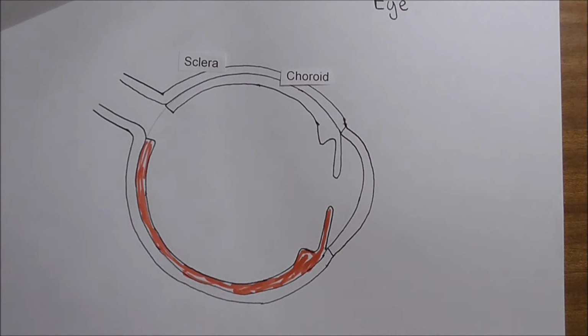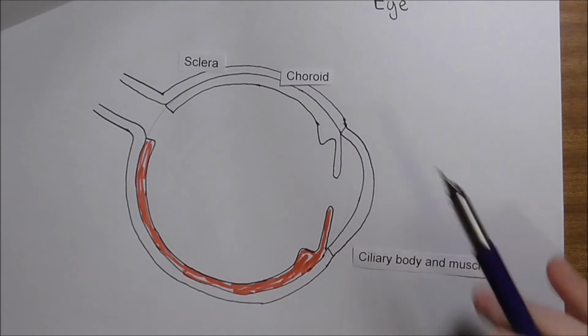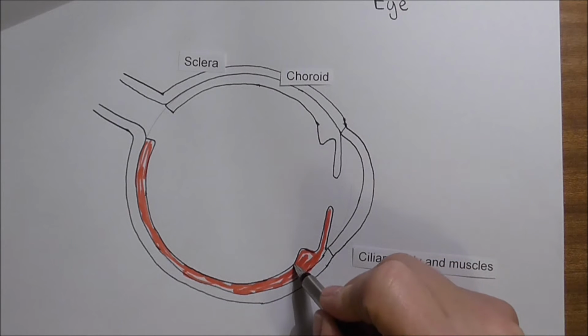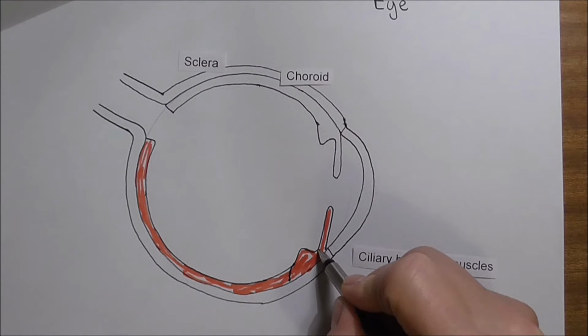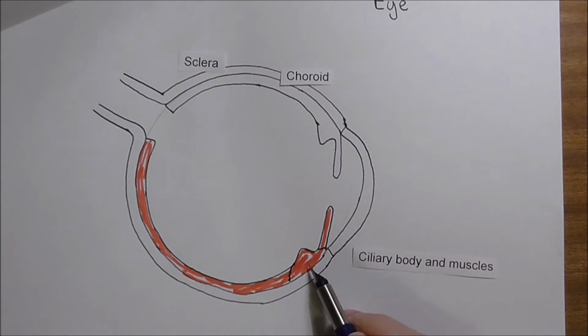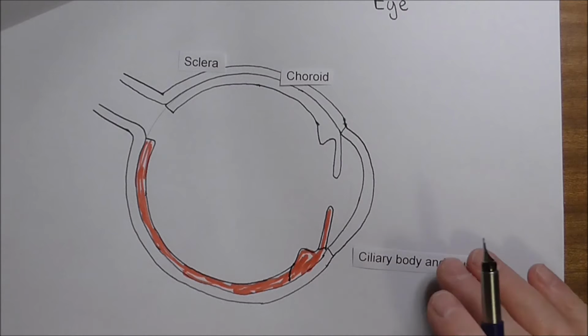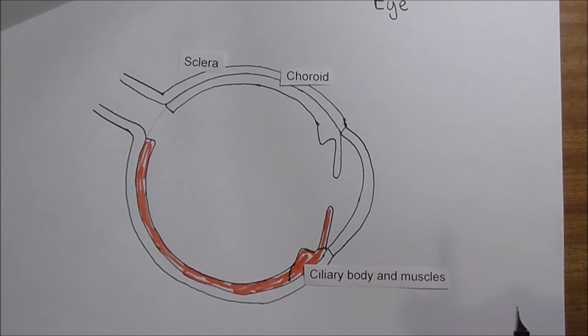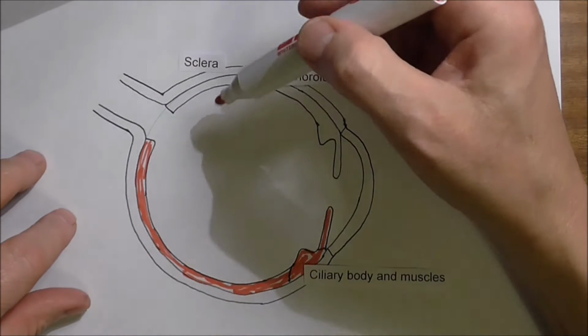Just here. So this area here is the ciliary body. And again, we could divide this off, although it's somewhat of an artificial division, but this is the ciliary area, the ciliary body, and that contains the ciliary muscles. Now just bear with me on the anatomy at the moment, because we will be looking at the physiology in the next clip.